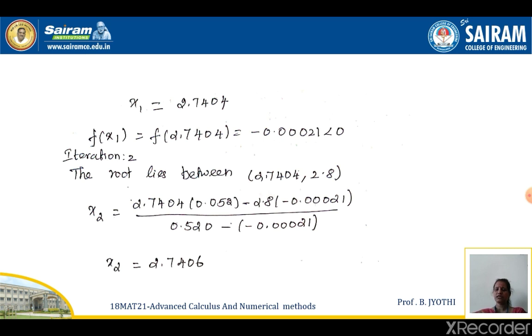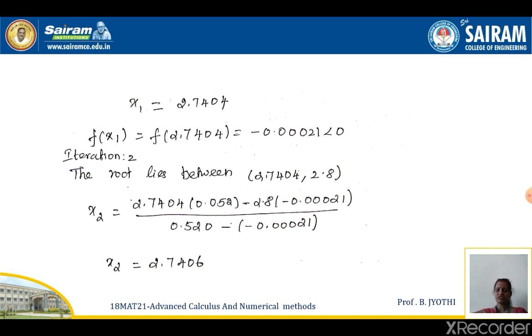So in iteration 2, we replace the old value, that is 2.7, with 2.7404. Then a is 2.7404 and b is 2.8.